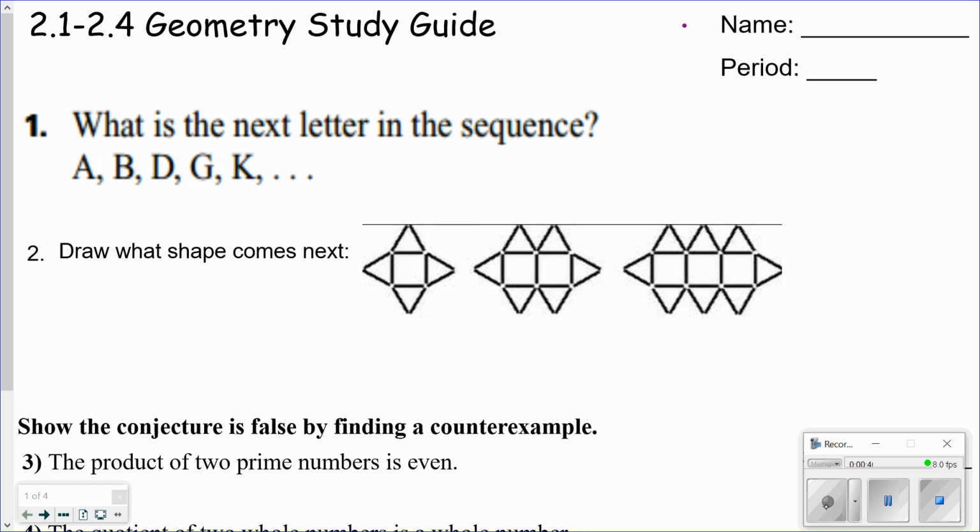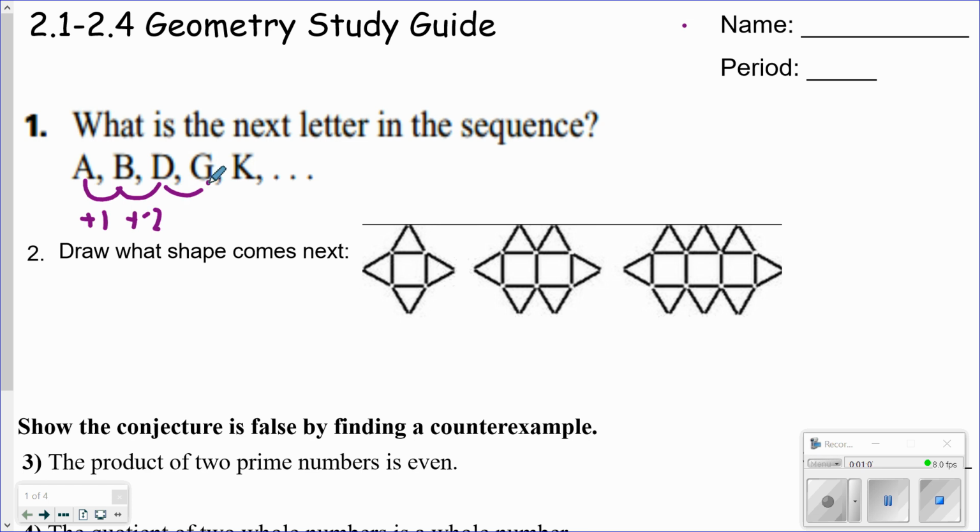All right, so number 1, what is the next letter in the sequence? A, B, D, G, and K. So what we want to see is how many letters I am going from A to B? Well, that was just one letter. How about B to D? B, C, D. Okay, so that was 2 letters.